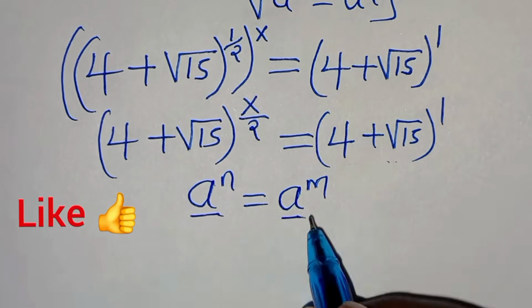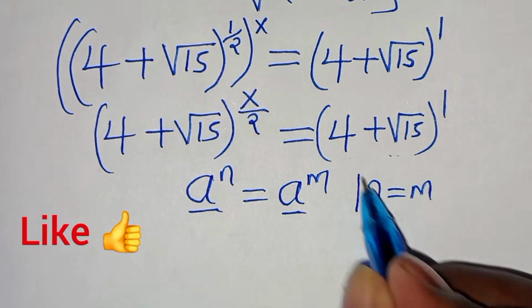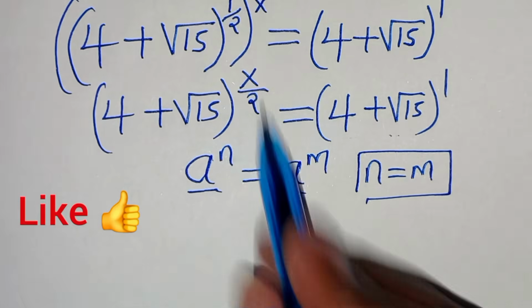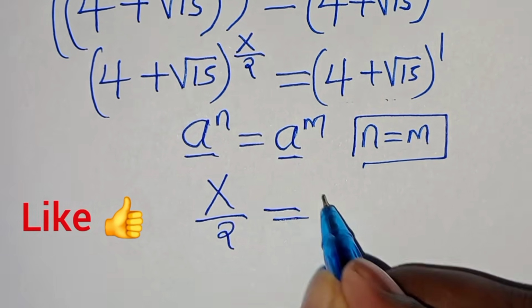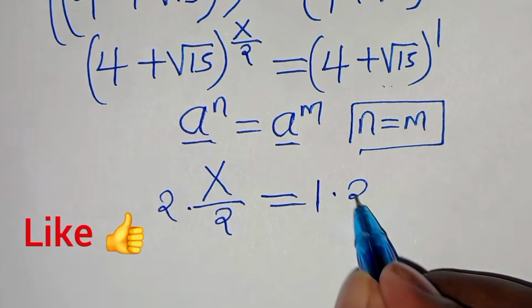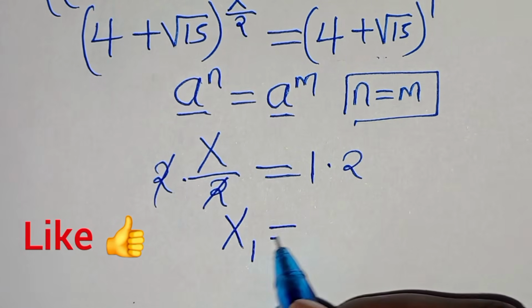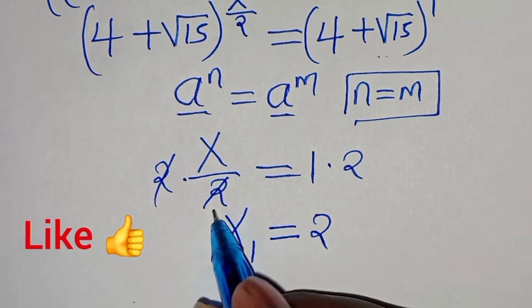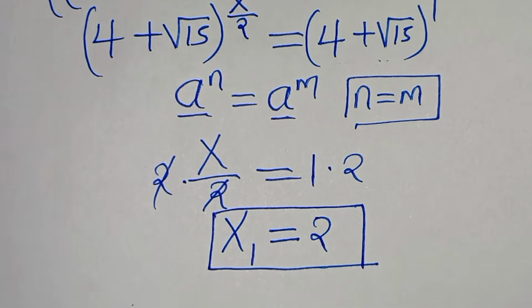Since the bases are common, exponent n should be equal to m. So in this case, we have x over 2 equal to 1. So let's multiply both sides by 2. And this implies that x1 is equal to 2. So this is the first value of x.